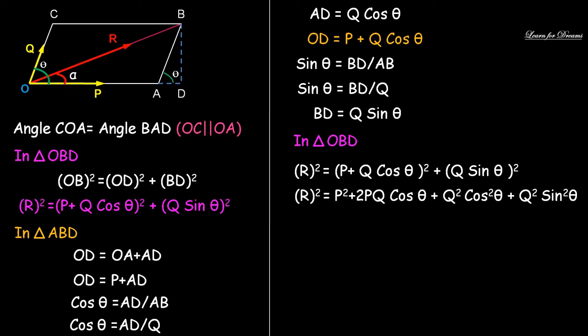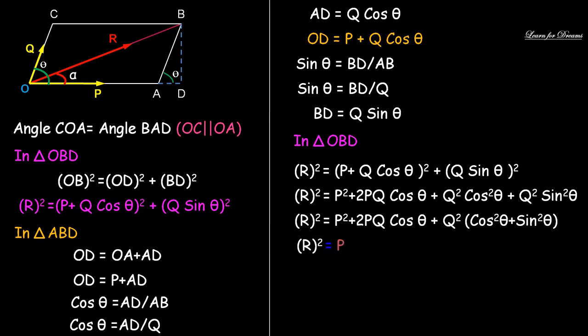We get R square is equal to P square plus 2PQ cos theta plus Q square cos square theta plus Q square sin square theta. Now take Q square common from the last two terms. We will get R square is equal to P square plus 2PQ cos theta plus Q square in bracket cos square theta plus sin square theta, and cos square theta plus sin square theta is equal to 1.